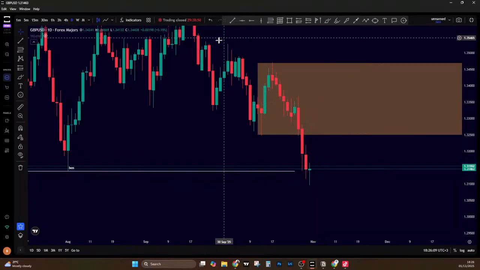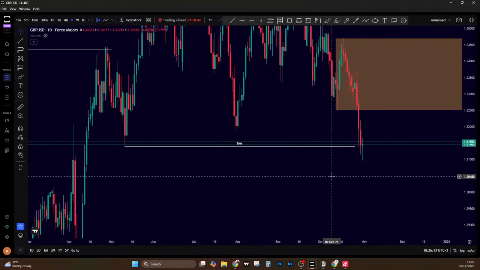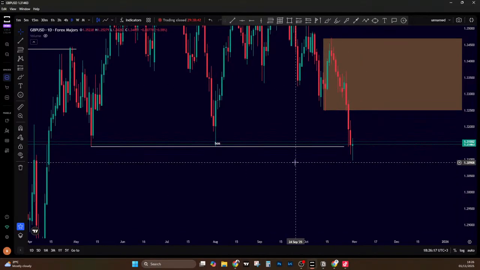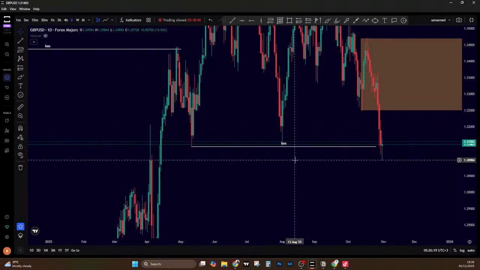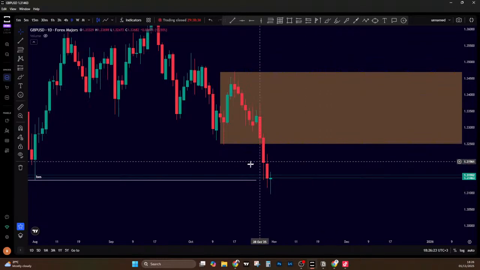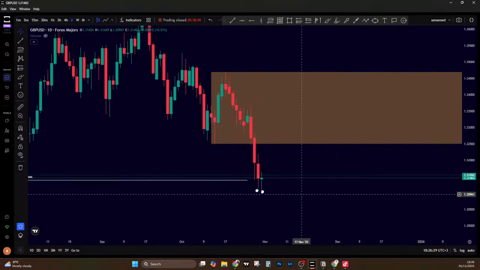But we will re-enter with a confirmation. And looking at this, the market has already swept liquidity, and then it is showing signs of rejection.